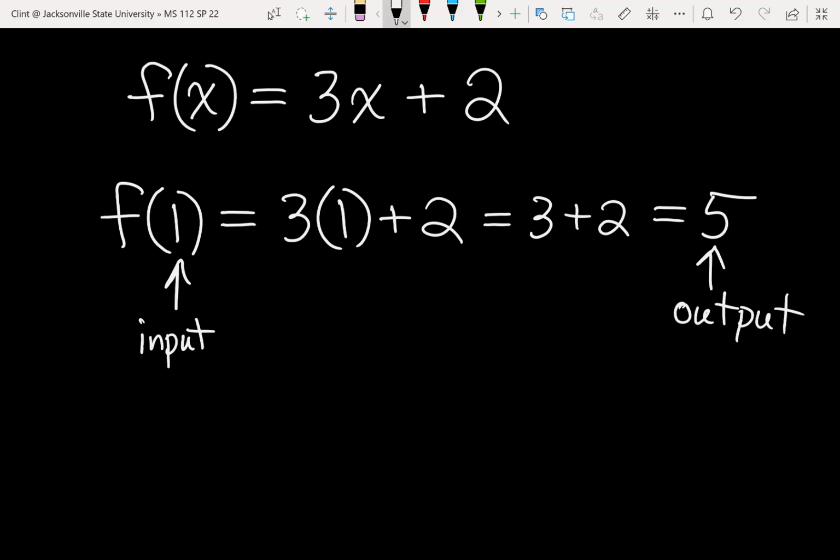Right? So when we say plug in, when we're being informal, we say if we plug in 1, the only number that we can get using this rule is 5. Okay? If it was possible for us to plug in 1 and get more than one answer, then it would not be a function. It would not be a function.